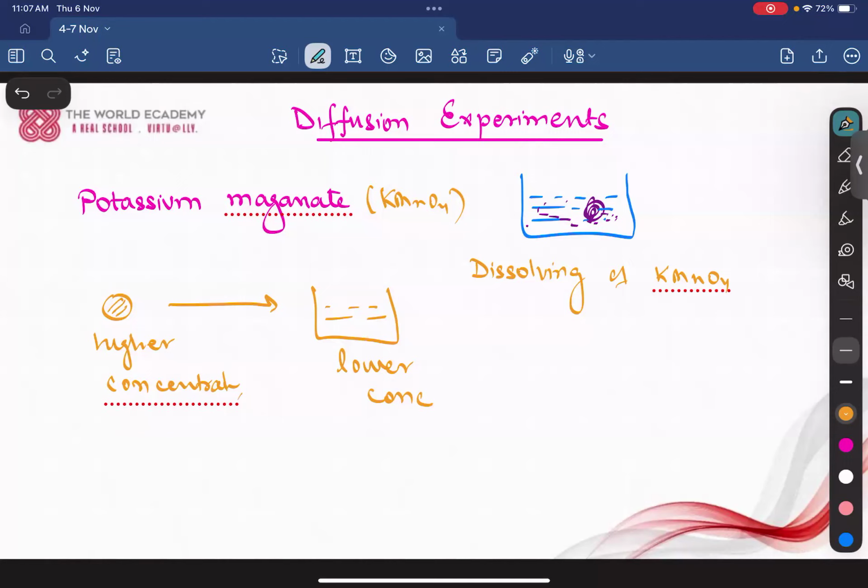It is there in 16. Maybe the version might not be the same. You could find the diffusion experiment, this one.